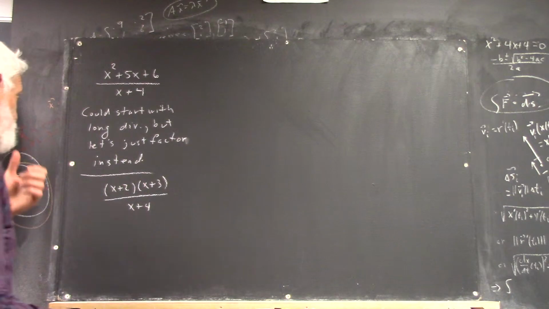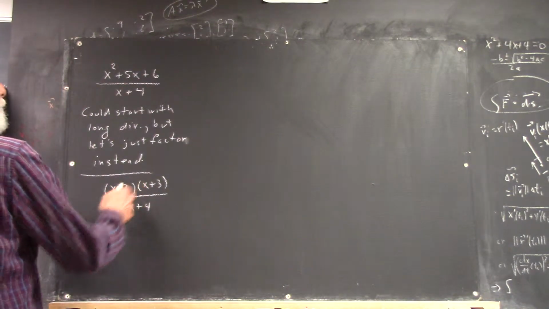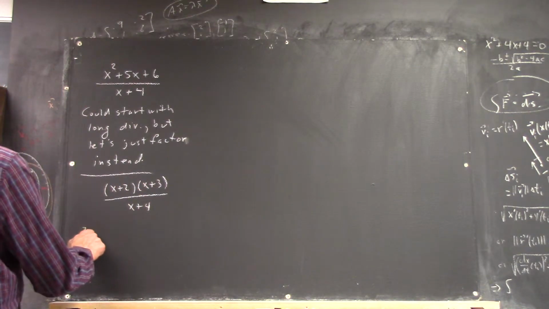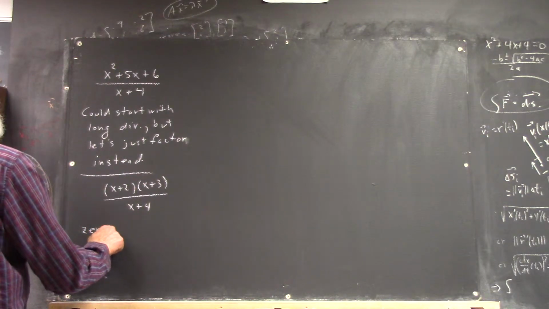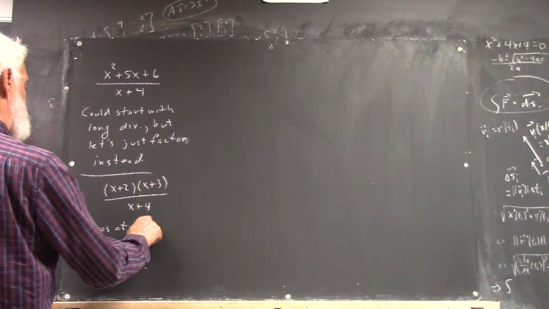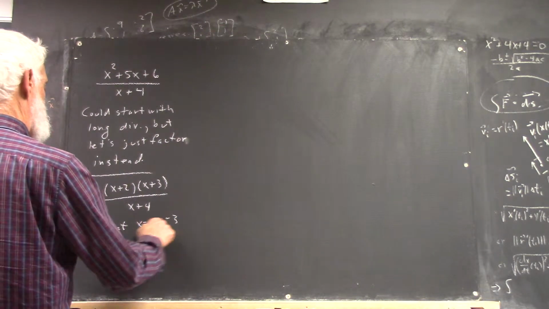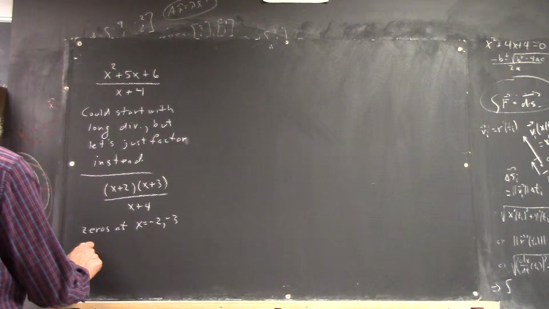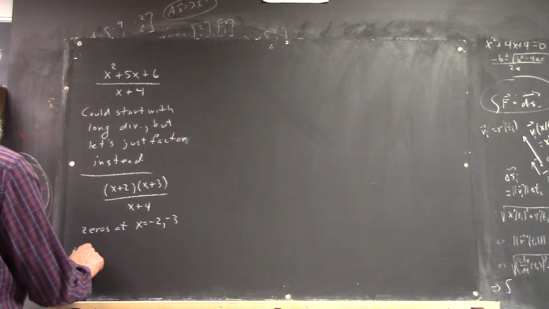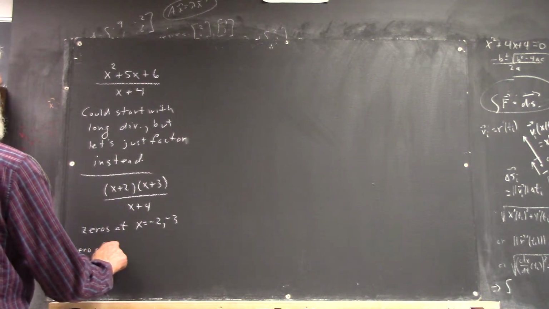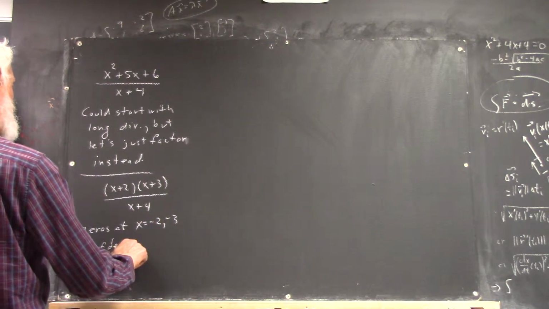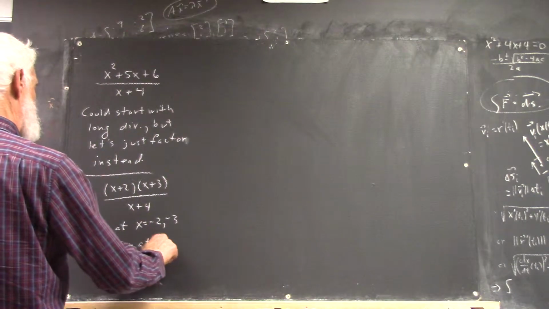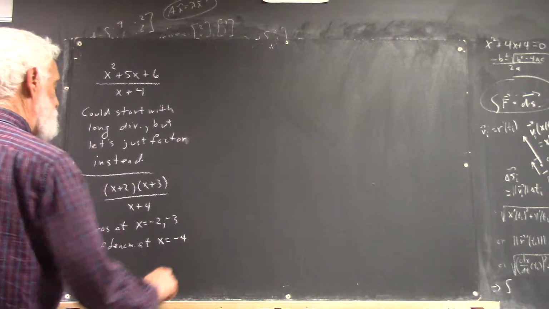Okay? And similarly, if x is -3, there's a 0, and a 0 in the denominator at x equals -4.